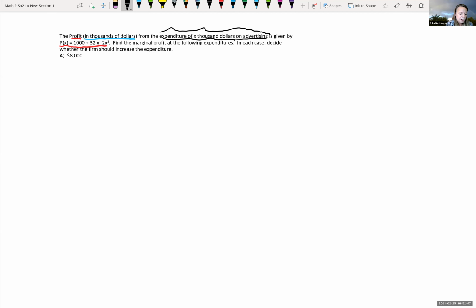So find the marginal profit of the following expenditures. Marginal profit, this is finding the derivative of the profit function.